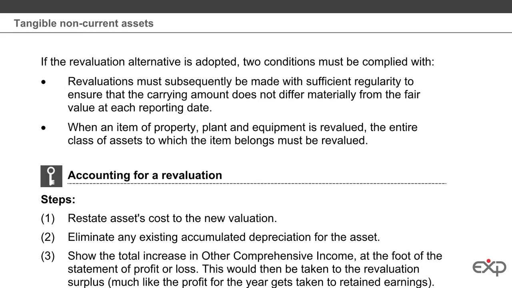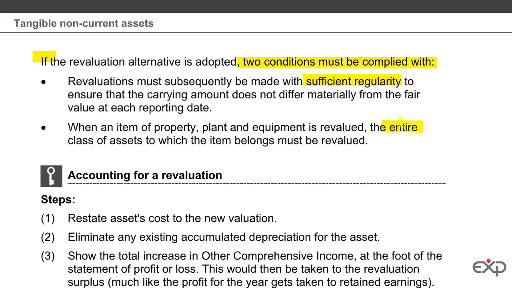Now, if you choose to revalue, there are two conditions that need to be complied with. The first one says that revaluations must be made with sufficient regularity to make sure that the asset is always shown at its most up-to-date value. It doesn't say how often sufficient regularity is, but you would normally assume that if you know, for example, that assets that you've revalued have gone up in value or down in value, then you need to carry out a revaluation.